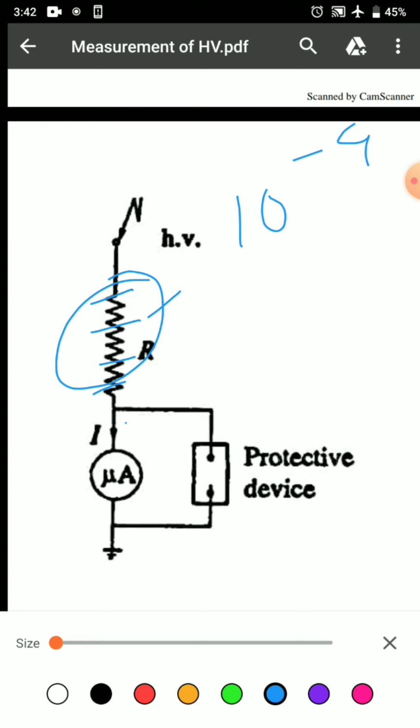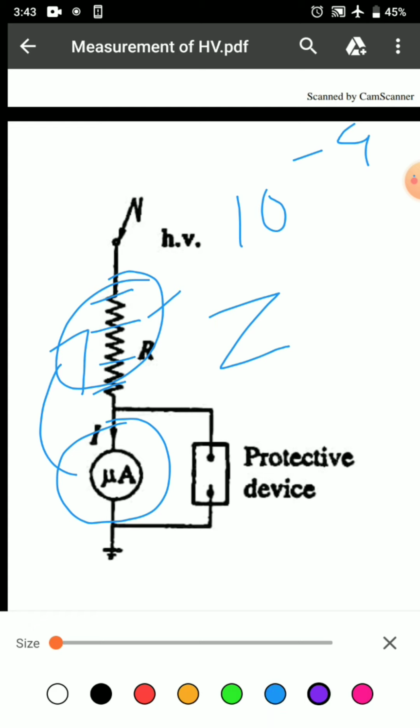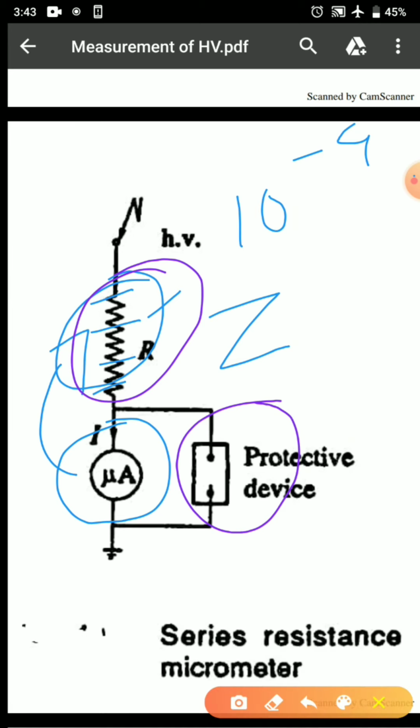Voltage drop in meter is negligible as impedance of meter is only few ohms as compared to few hundred mega ohms of series resistors. In case the series resistor fails or flashover occurs, a protective device like paper gap or neon glow tube or Zener diode is connected across meter as a protection device.